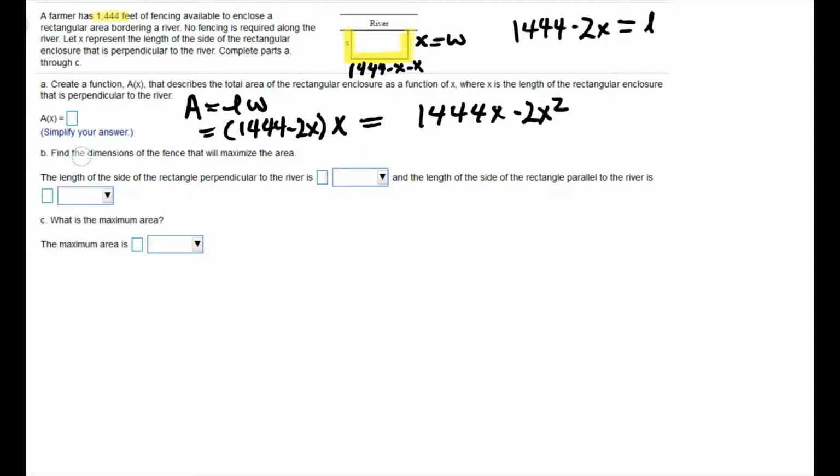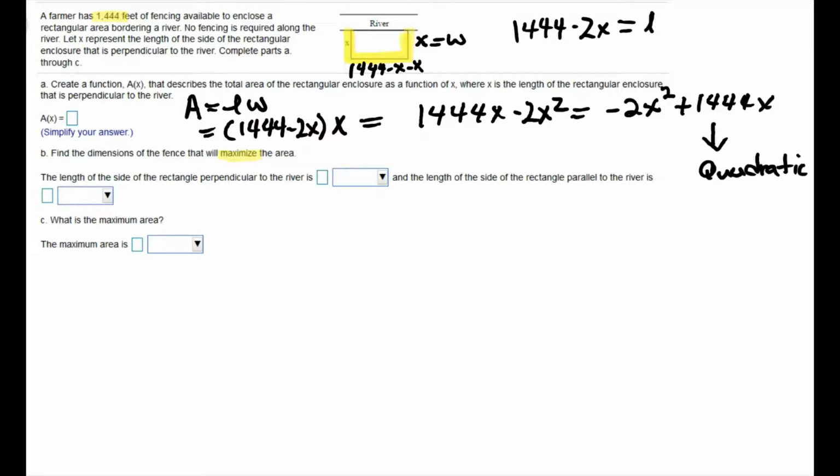The next part says find the dimensions of the fence that will maximize the area. So the key word here is maximize. What we have here, if I rewrite this, is negative 2x squared plus 1,444x, and this is a quadratic.